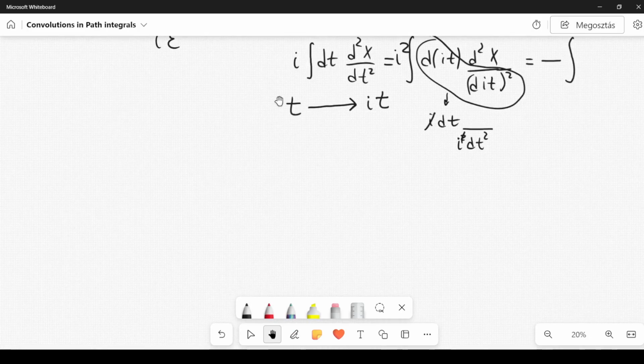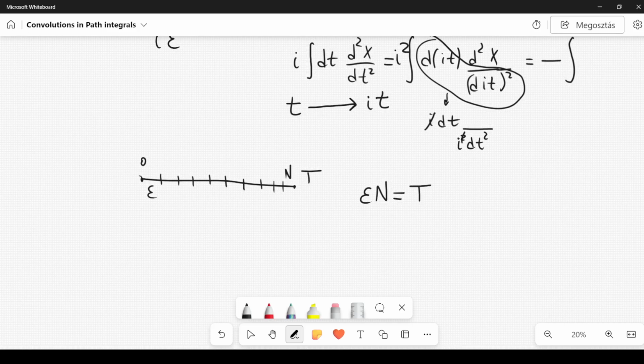So the idea to evaluate the path integral is to divide the time interval from 0 to t into small slices of length epsilon. So we have a finite number of these slices, and let's imagine that the number of slices is equal to n, and therefore epsilon times n should be equal to capital T, and therefore the number of slices is t over epsilon.